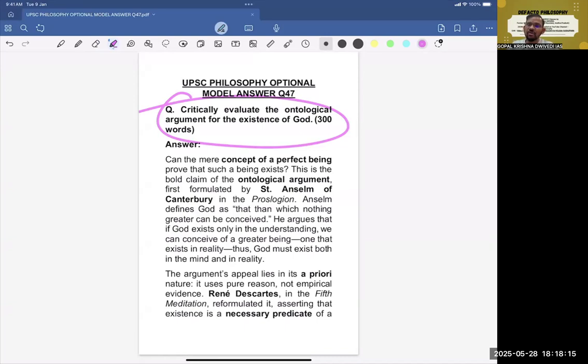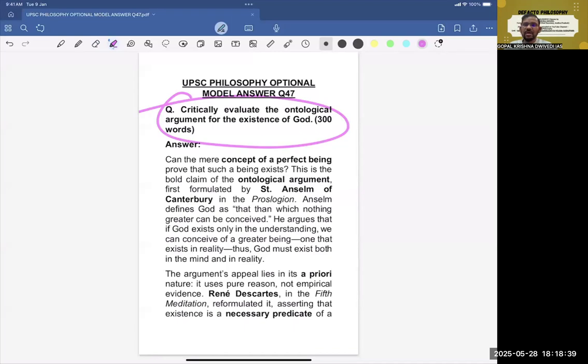This will also depend on the number of words in which you are going to answer the question. If it is only 150 words, then your whole strategy will change. If it is 300 words, then the strategy will be different. So here we are going with a 300 words answer. Now let us see what is the ontological argument, what can be the positive and negative points of this, and how we can conclude.